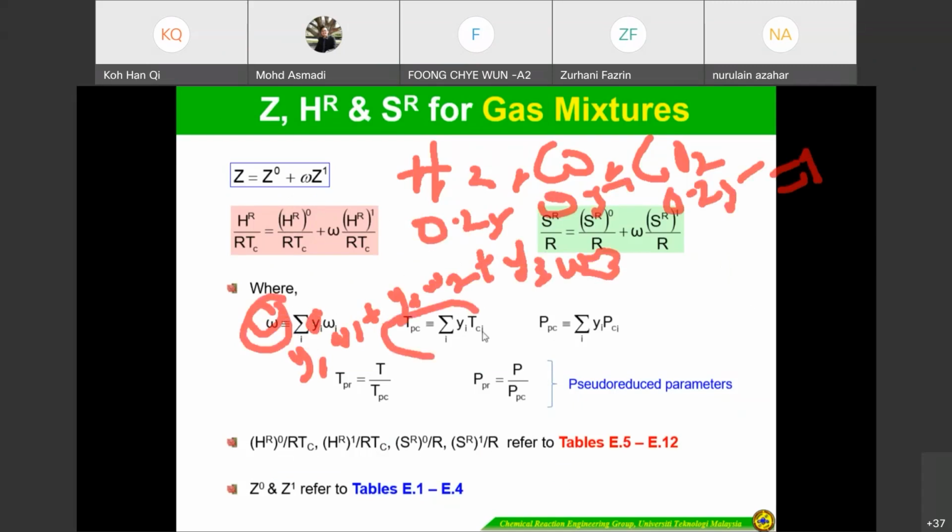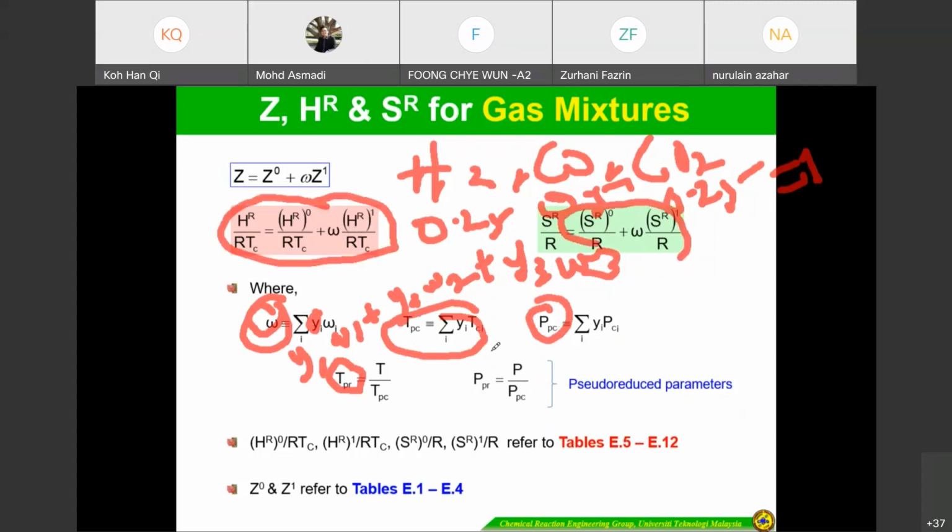Similarly for TPC and PPC, for each species. Then you calculate TPR from the TPC and PPC. This is for the case of the gas mixture. Then you can do interpolations from tables E5 to E12 for the Lee-Kessler.